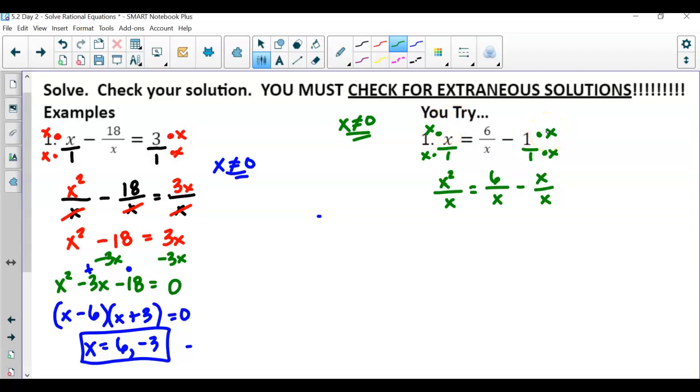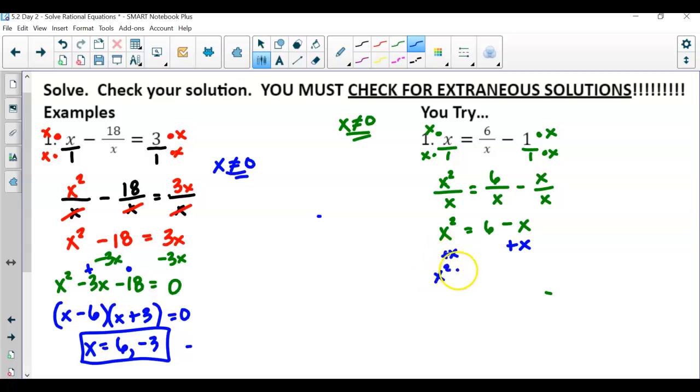So now here I'm left with x squared is equal to 6 minus x. Now I'm solving for x. But notice how, again, we have our quadratic. So I'm going to go ahead to make this 0. I'm going to add x to both sides of my equation.